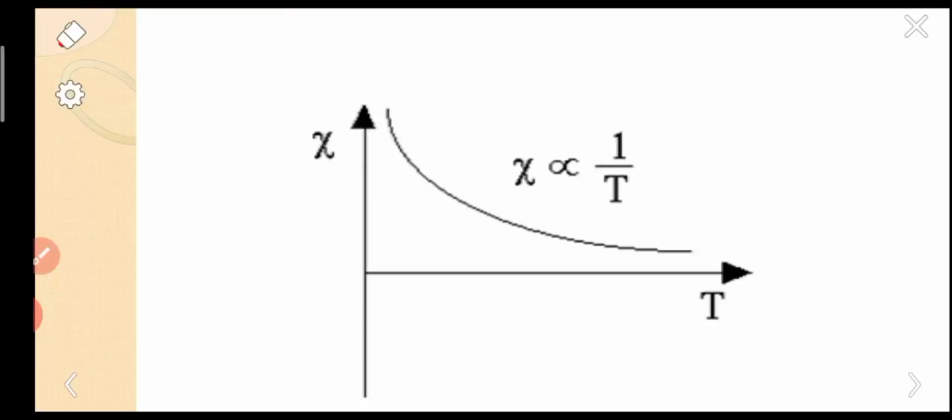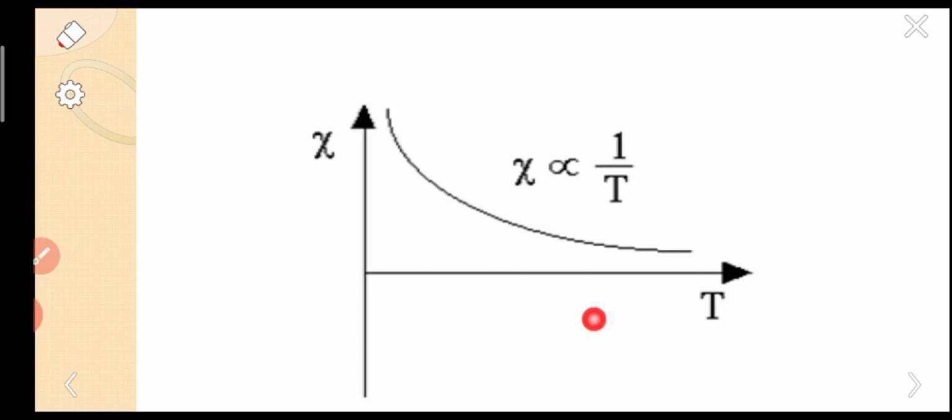Here is the diagram we mentioned in the last slide. This is the graph between susceptibility and temperature. As the temperature increases, susceptibility decreases, because thermal agitation or thermal energy increases and the dipoles are more in random directions. As they are random, the attraction is very less, that means it is losing its attractive nature.